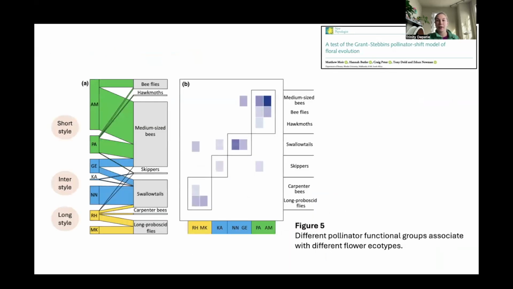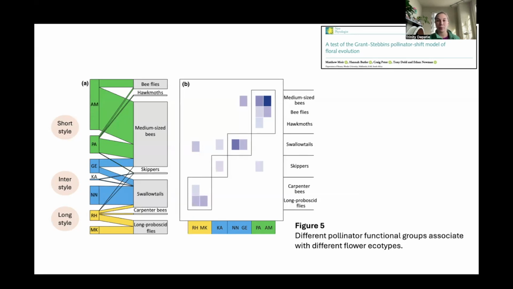Next, we have figure 5, which is coming from their pollinator observation data. And so they're basically building these pollinator assemblages. This shows us that each of the different style length ecotypes is being visited by different pollinators.